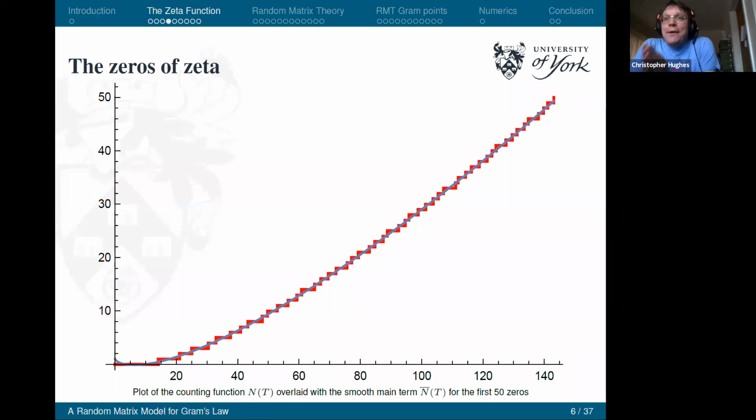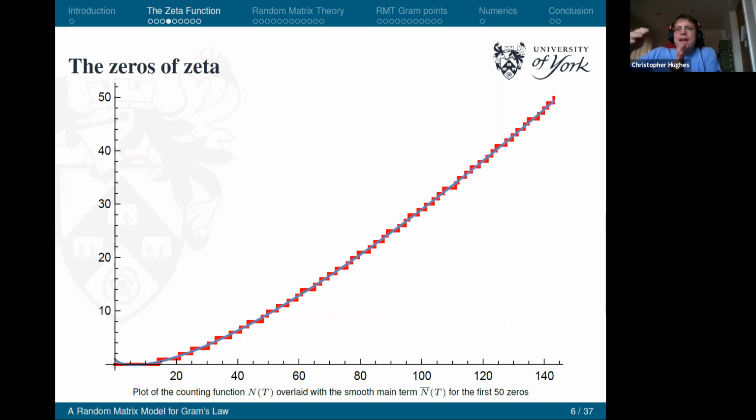Now, the real N of t jumps by 1 every time it hits a zero of zeta. I mean, that's its definition. But if you wanted to get good ideas for where the zeros are, you want to sort of bound them in. And then what you might be tempted to do is say, well, actually, this is this smooth term, which is so much easier to work with.